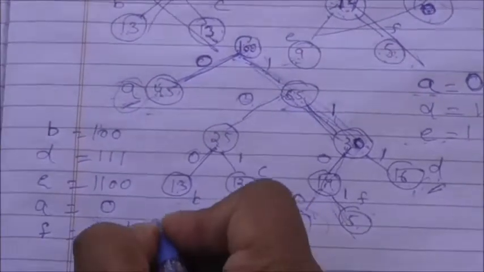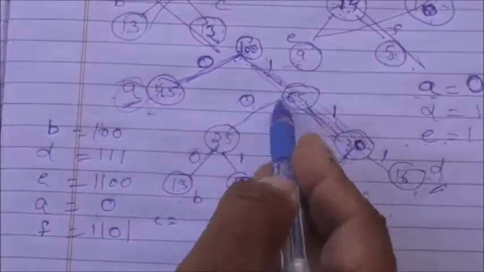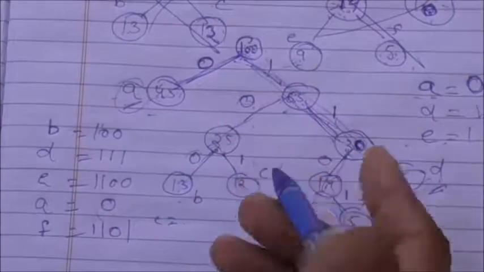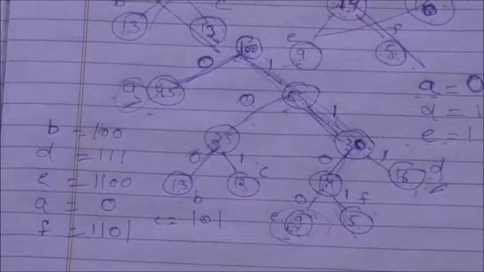Similarly, we can find the code for character C also. The code for character C is 101, right? So this is the way for finding Huffman codes for characters.